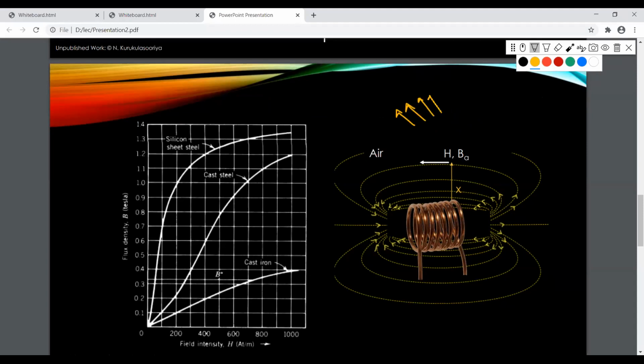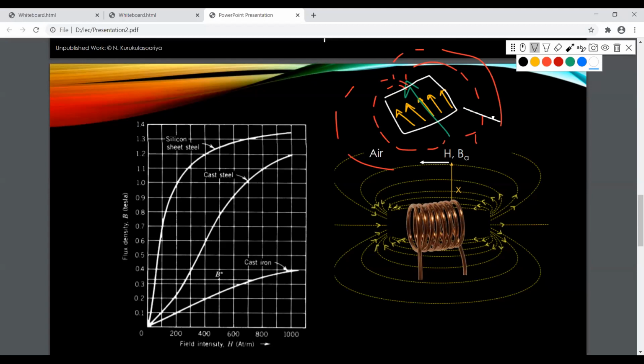Which means the summation of these fields would give a resultant magnetic field. So in that case, those materials are always going to have a magnetic field around them. Such materials we call permanent magnets. They are permanently showing the magnetic properties.